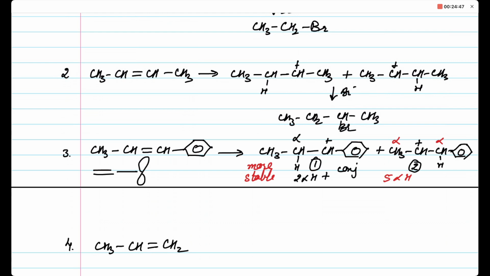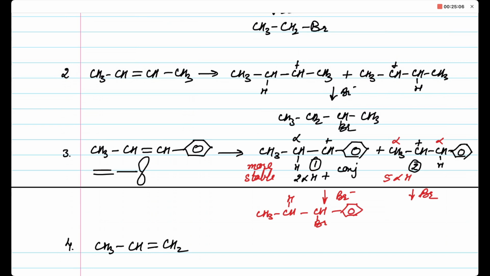Now, these are going to react with the Br minus, and we are going to get two products. In this case, we are going to get CH3, CH2, CHBr, the benzene ring.